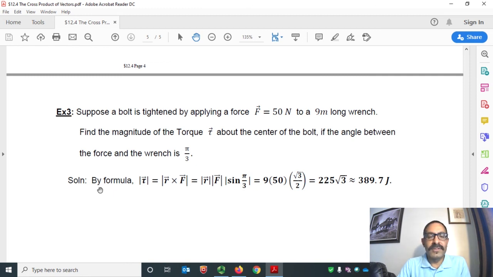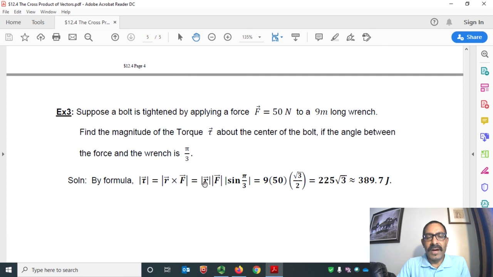So solution by formula. The magnitude of tau, or the torque, equals the magnitude of r cross F. We know r cross F is magnitude of r, magnitude of F, sine pi/3. And theta is pi/3 here.